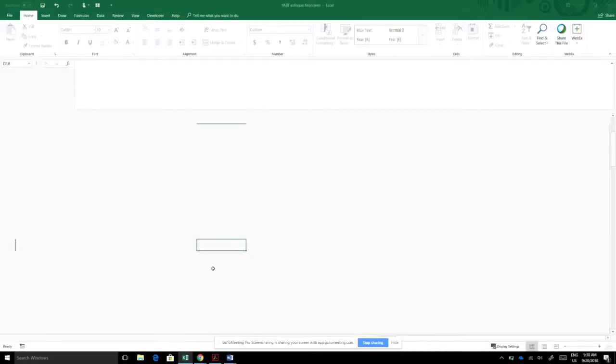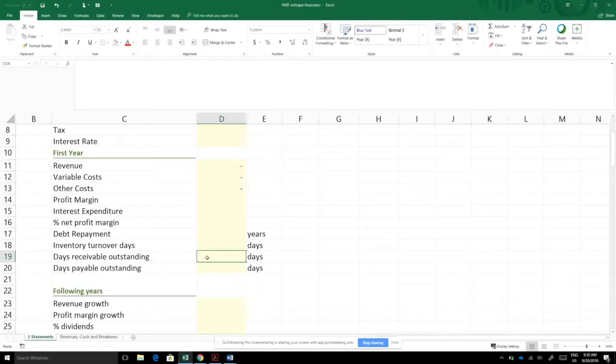And it's the same with the receivable outstanding, and the payable outstanding is your revenues over your accounts payable, and then you do 365 over whatever you got for the ratio, and then days payable outstanding is your cost of goods sold over your accounts payable, and then you do 365 over that ratio.